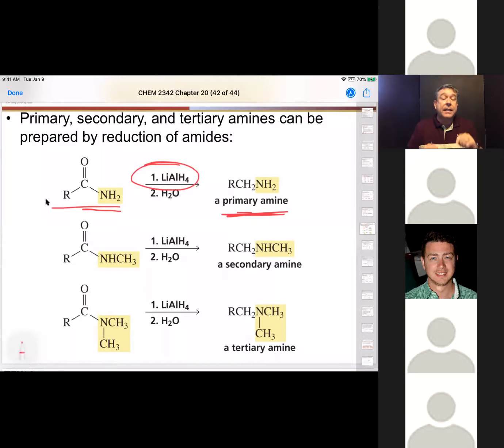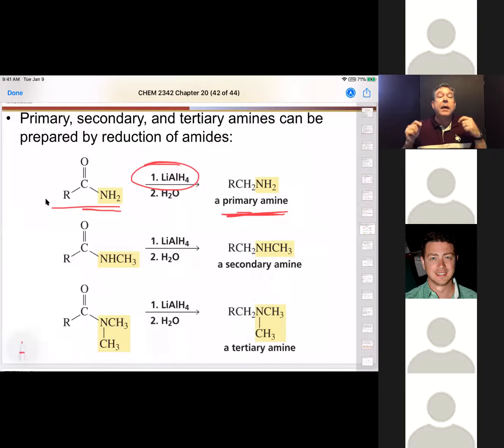Notice in this case, you have the exact same number of carbons you had in your carboxylic acid. Okay, we didn't lose it like in the Curtius or the Hofmann rearrangement where we had a carboxylic acid but lost that carbonyl. In this case, we're looking more like as if we attacked it with an alkyl halide because we have the same number of carbons we had in our carboxylic acid.